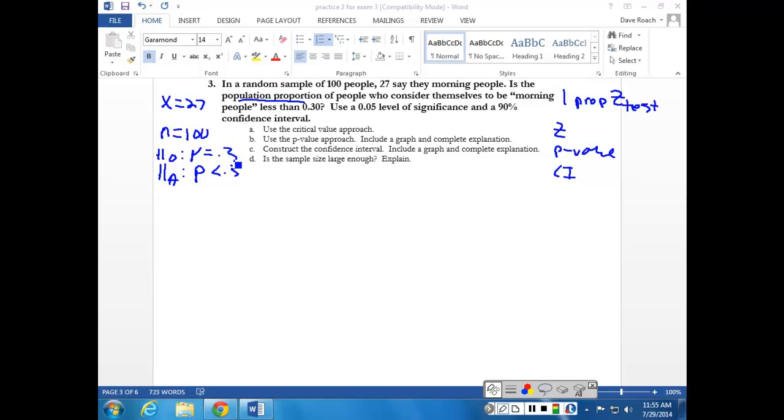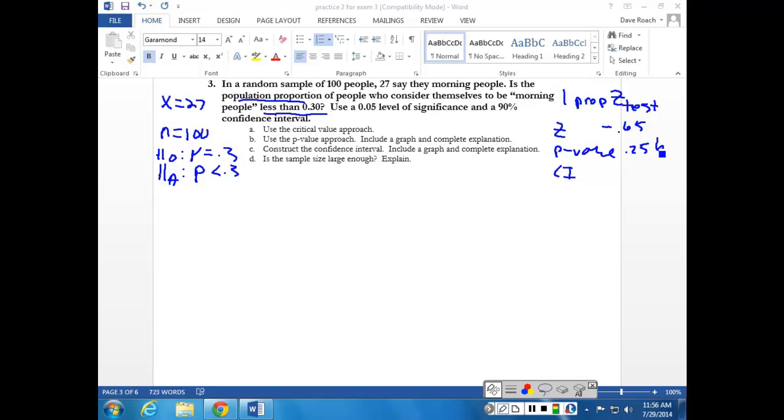So I'm going to go to stat test, 1 prop z-test, 0.3 for the hypothesis, then 27 out of 100, and then a less than, because it says less than 0.3, and then calculate, and my z is going to be about minus 0.65, my p-value 0.256.